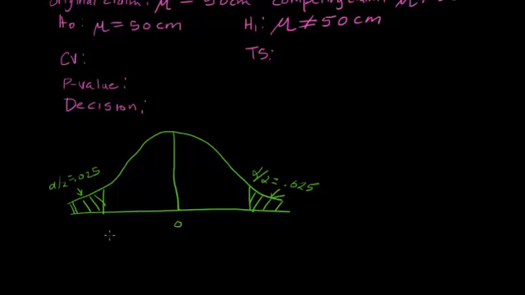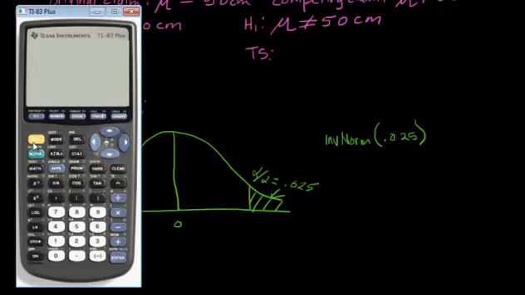So to get the critical values, we know with our symmetric graph that whatever the value is here, it will be negative, and this will be the opposite of that, the positive of that number, on this side. So we really just have to calculate one of them, and this is the easy one because we want to put an area to the left and we know exactly what that is. Okay, inverse norm. Go to our distributions, inverse norm, area to the left, 0.025.